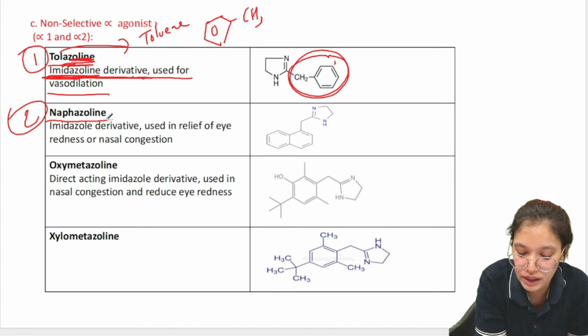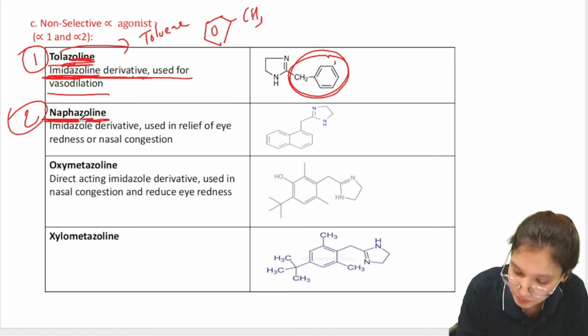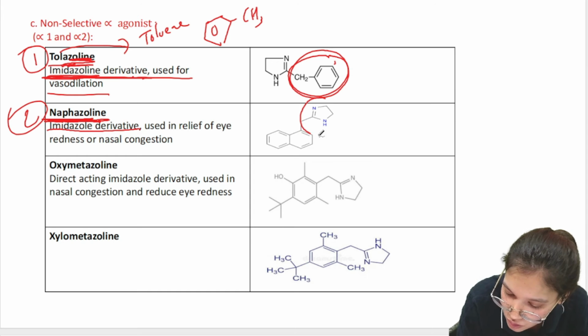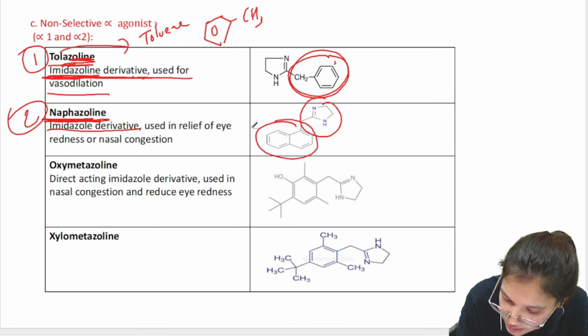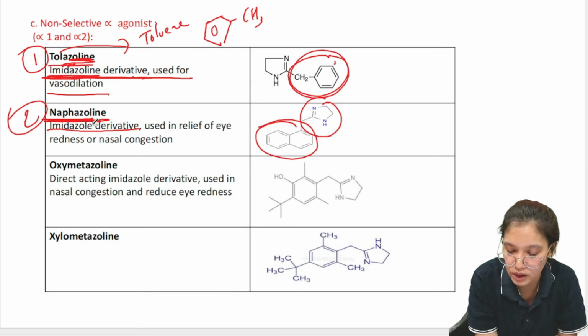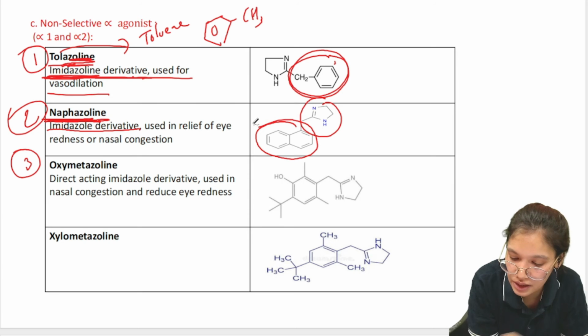Second is naphazoline. Now naphazoline also contains an imidazole ring, and it is very simple to remember. Okay, so naphazoline is almost similar to tolazoline, just this ring is different.